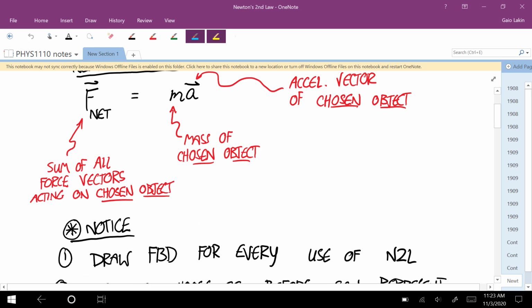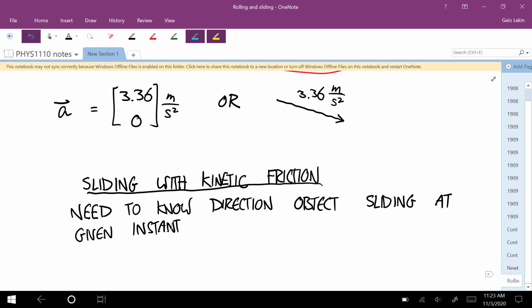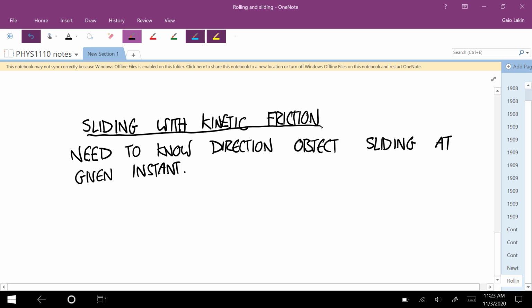You need to know the direction the object is sliding at the given instant. The friction force is always opposite that direction.